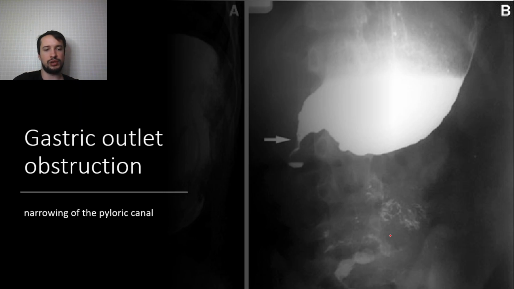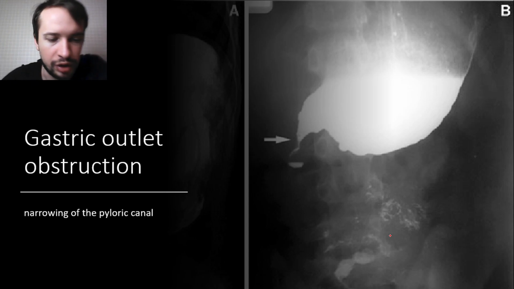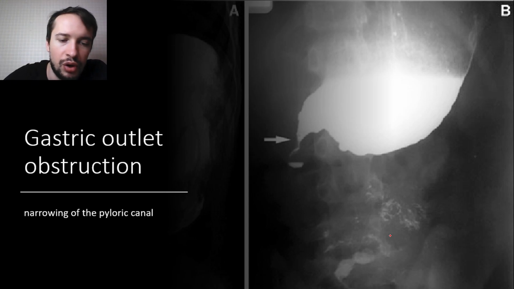Peptic ulcer disease may be accompanied by varying degrees of obstruction caused by inflammatory swelling of the pyloric channel or chronic scarring associated with fibrosis. Patients with gastric outlet obstruction usually have a history of nausea, vomiting, and epigastric pain of fullness.